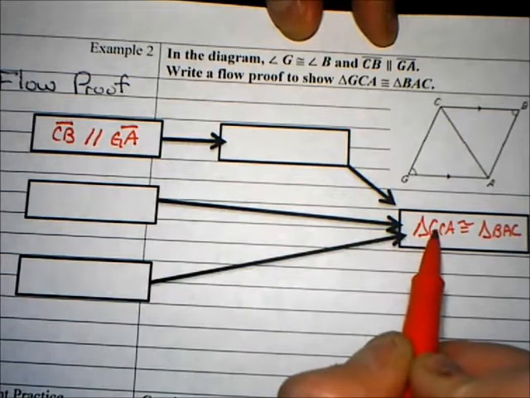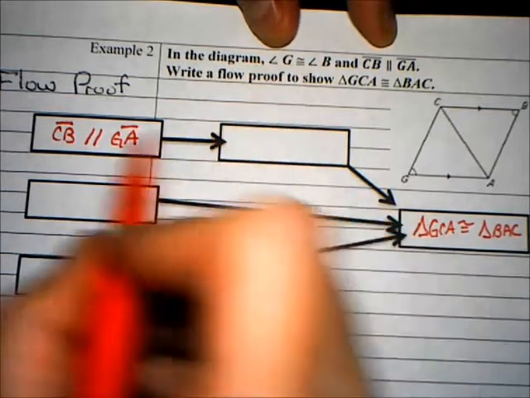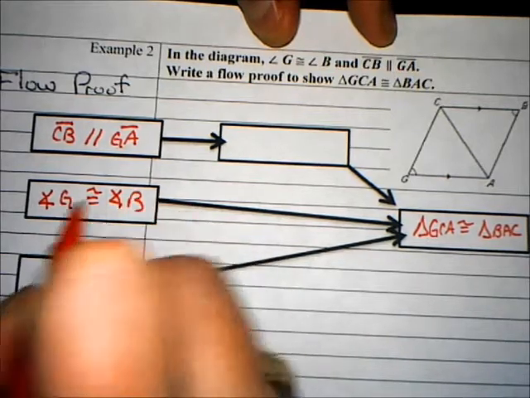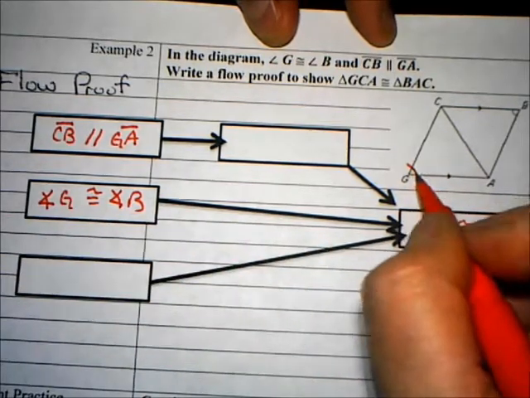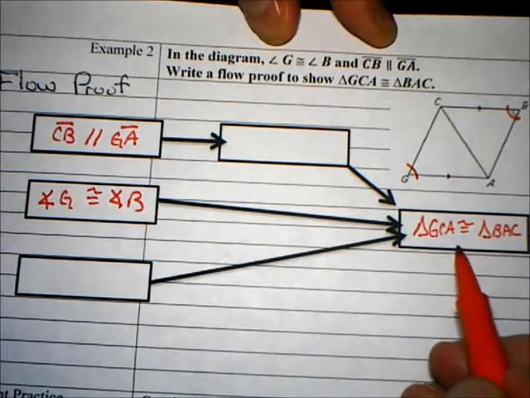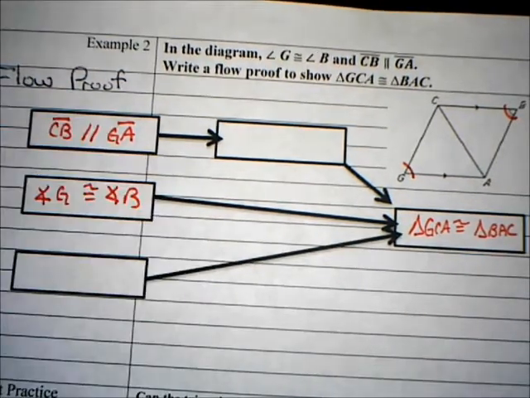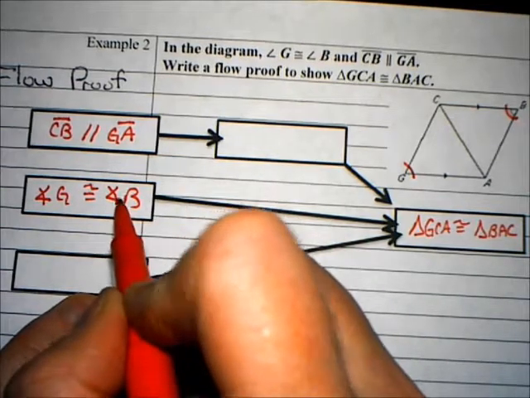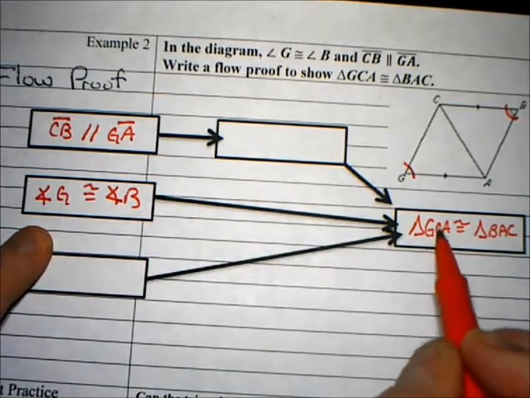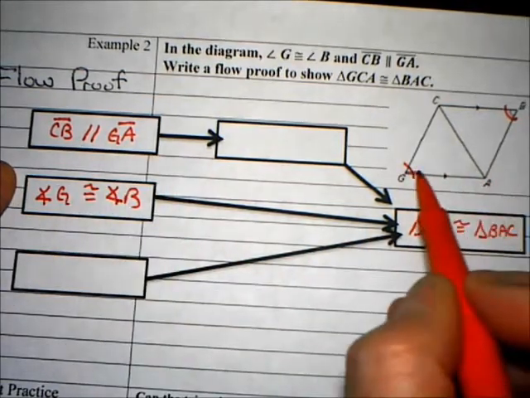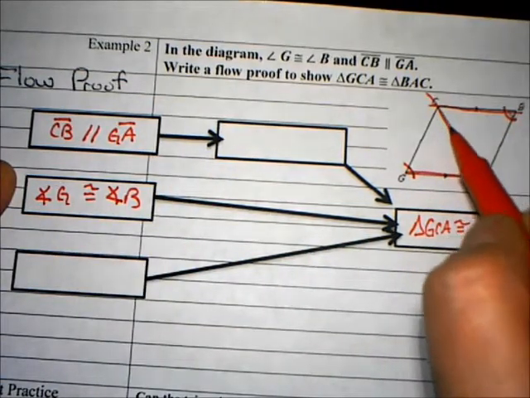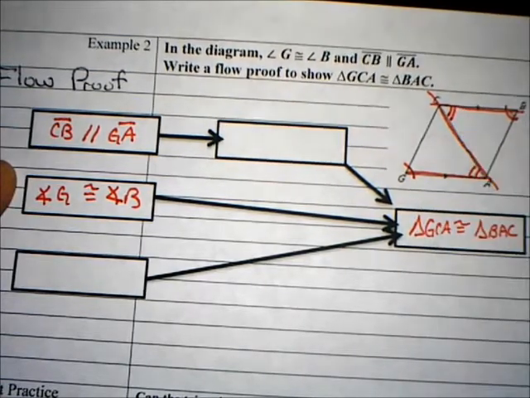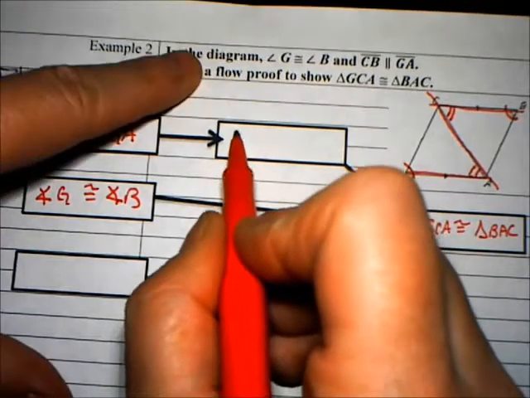And then angle G is congruent to angle B, a direct line to this because that's part of my triangle. Okay, sorry about the dog. And then the parallel sides mean I have parallel sides cut by a transversal cutting through. That means that this angle here and this angle here are congruent to each other, and that's what I'm going to put in this blank here.